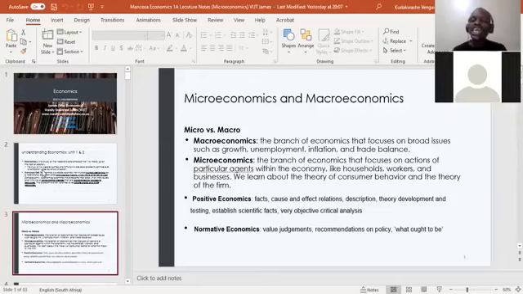So we're going to be looking at the price of a cell phone and the demand for a cell phone by James. We are going to be looking at the decision of Pick and Pay to enter into a specific industry or not, and the production costs that Pick and Pay faces as a company.